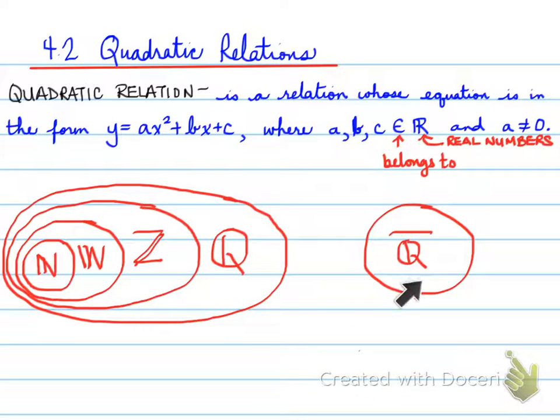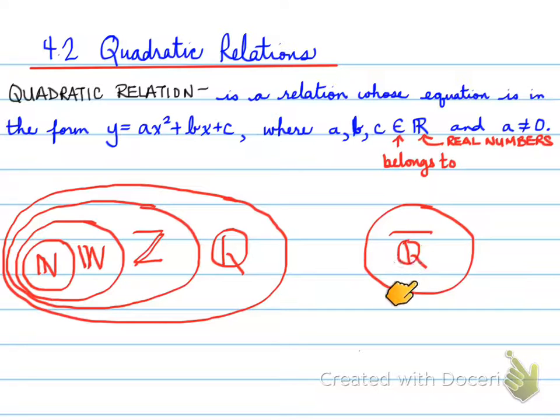What number cannot be expressed as a fraction? Hopefully you're thinking, oh yeah, pi, root 2, root 3. Those are all irrational numbers. Okay, sorry folks, let's just change the colors on this.